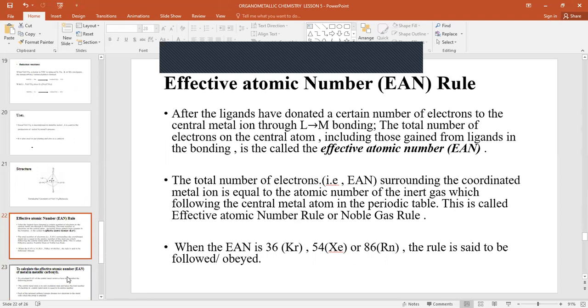Now let us look at the effective atomic number. What is effective atomic number? It is the total number of electrons surrounding the coordinated metal ion in a metal carbonyl, including those gained from the metal ligand.